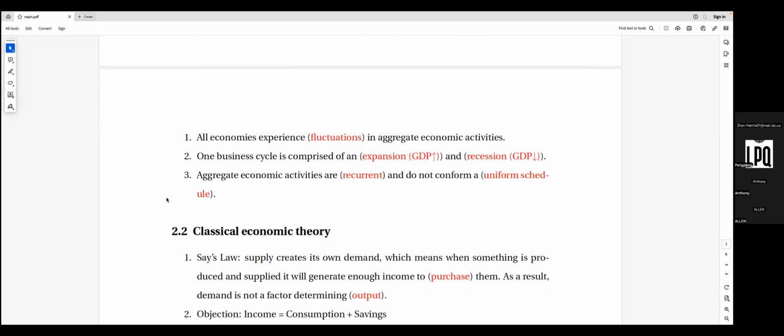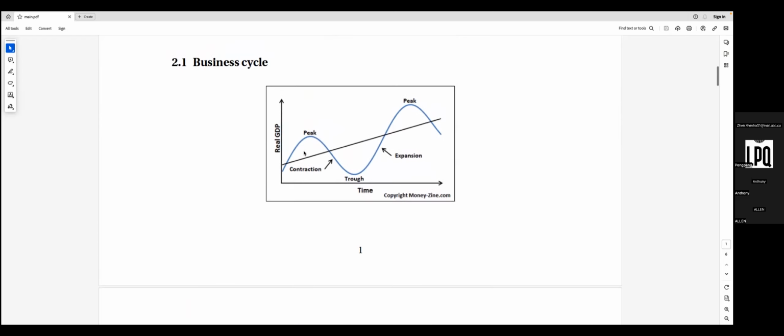The third thing, business cycle is recurrent. We don't have a schedule for business cycles. How long a business cycle is really depends on the real data we collected, especially the GDP data we measured from the real economy, from the real business world.